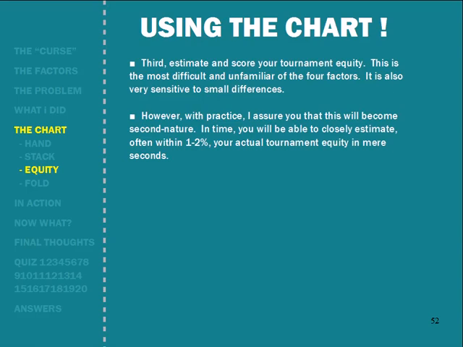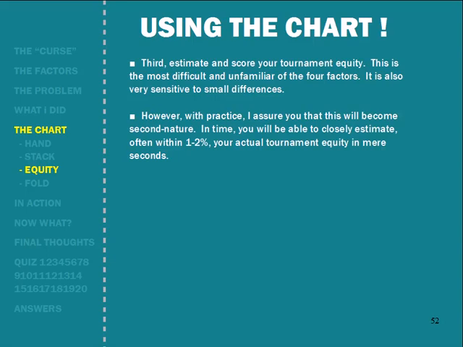And in time, you will actually be able to closely estimate, often within 1 or 2%, and even less, your actual tournament equity in seconds. You'll be able to look at a setup, take a moment to look at it, and you'll say, oh, okay, I've got about 17% equity. Right?